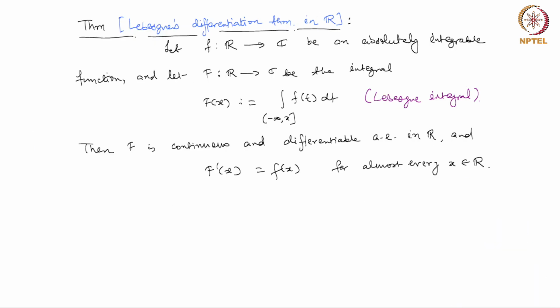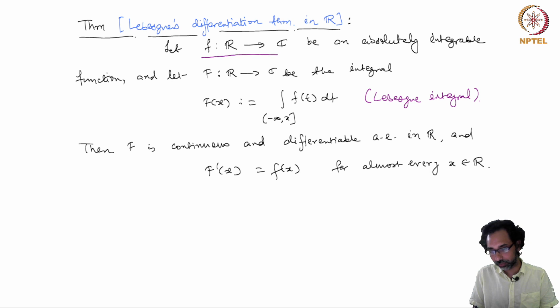So let's see the statement of the Lebesgue differentiation theorem in R. It says that if you have f from R to C, now we are no longer confined to a compact interval as before, because we are in the Lebesgue integral setting.